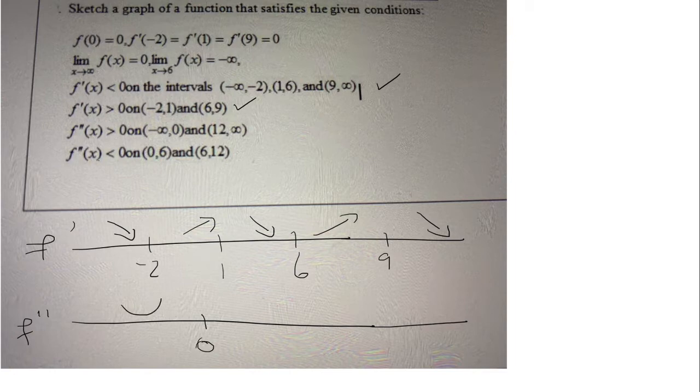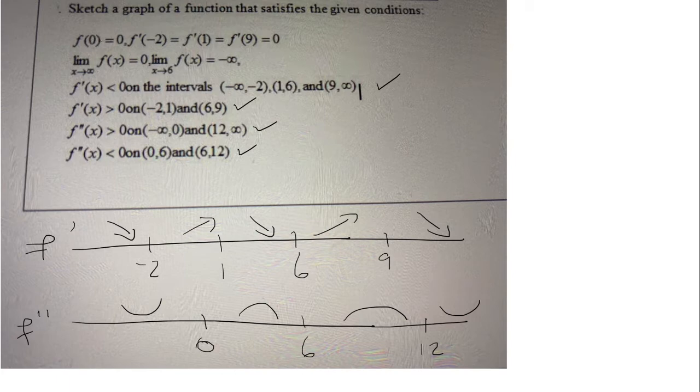Next, from 0 to 6, the second derivative is negative, and that means it's concave down. And it's also concave down from 6 to 12. And from 12 to infinity, it's positive, so it's concave up. So I was able to take care of all these 4 conditions.